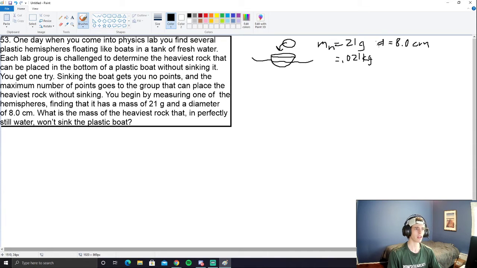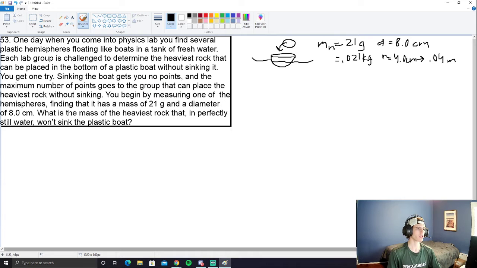And let's actually convert this diameter into a radius so that we can more easily find the volume of this hemisphere later. So that will be a radius of 4 centimeters, and then converting that into meters would be 0.04 meters.